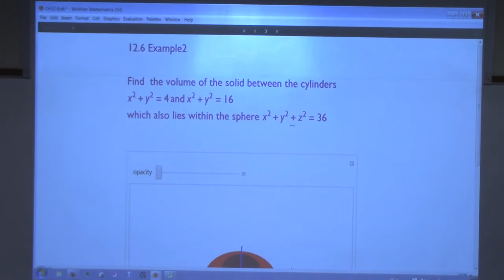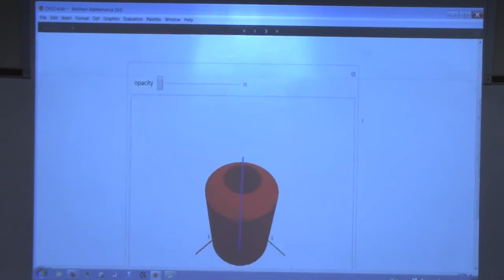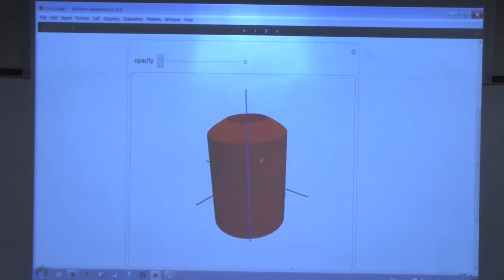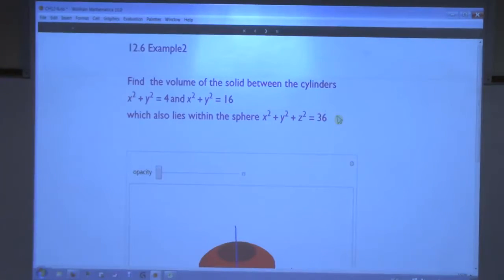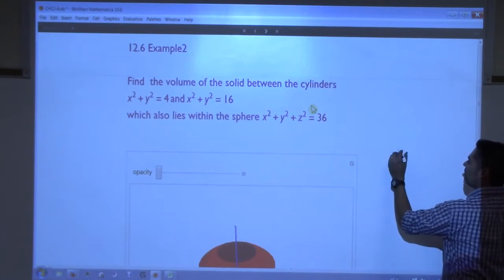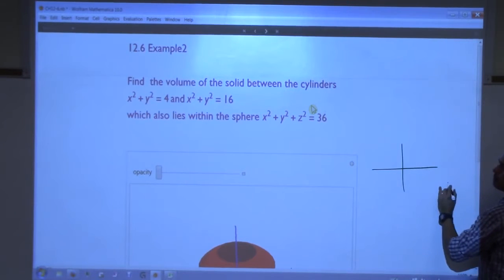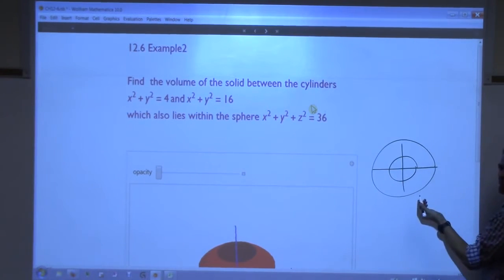You just have to integrate the one function. How would you do that? Can you tell me what the region on the ground would look like? Almost the same exact thing, right? 2 and 4 this time.